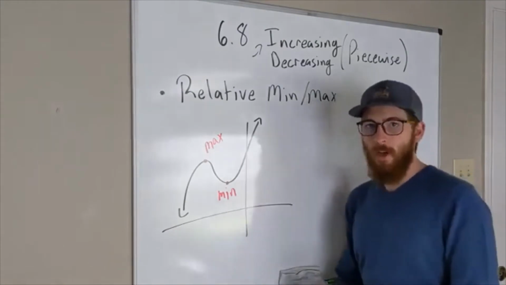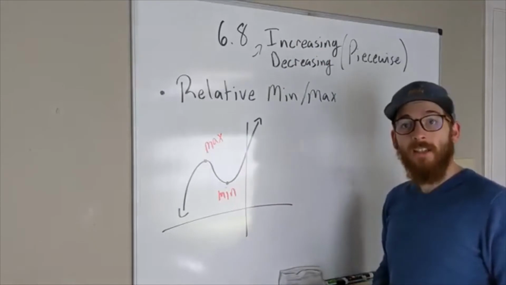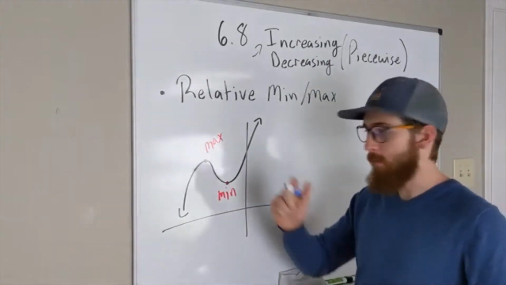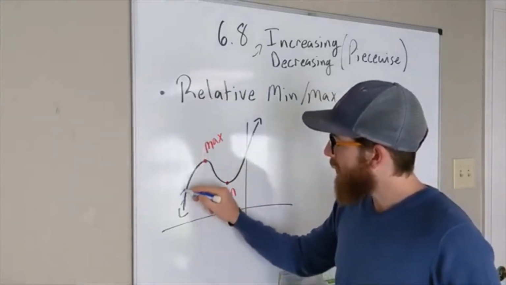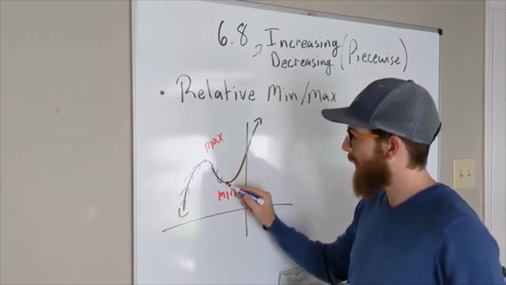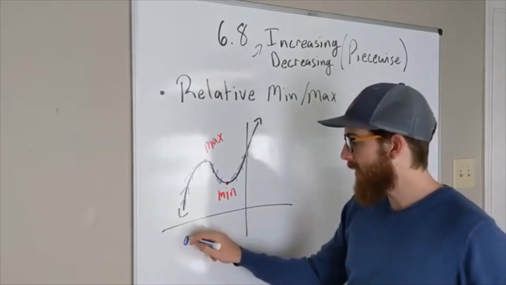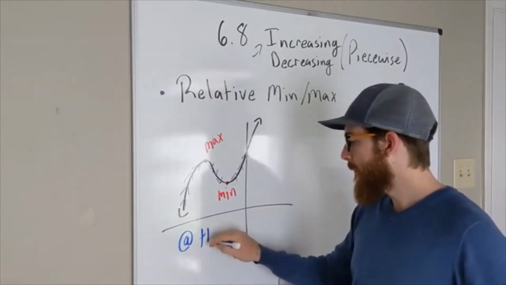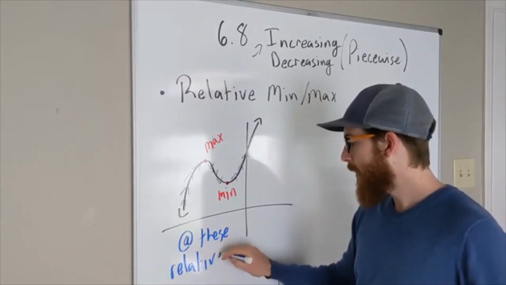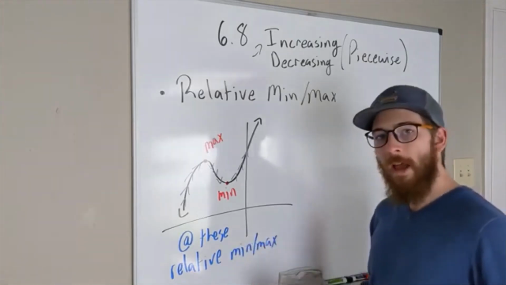But what do you notice about relative min and max in relationship to increasing, decreasing? I'll do this in blue. Increase, increase, increase. Relative max, oh, decrease, decrease, decrease. Relative min, increase, increase, increase. So at these relative min-max points, what happens?